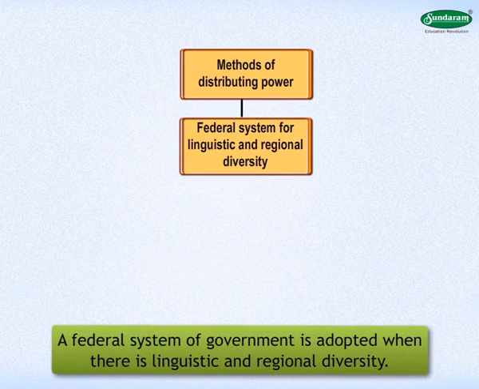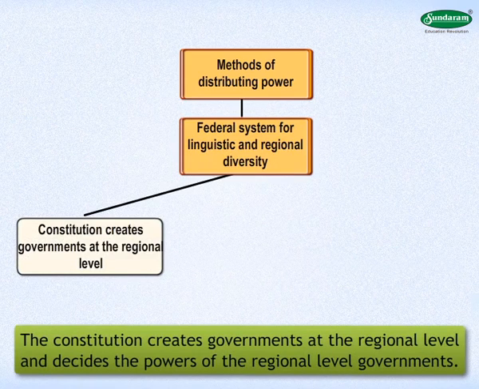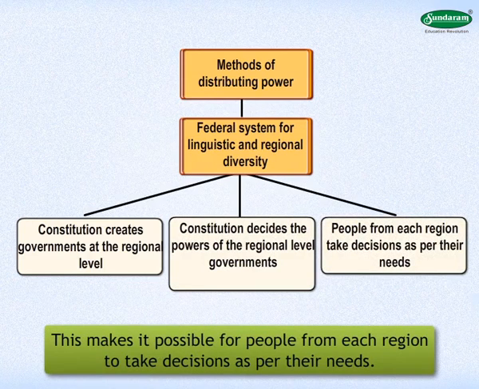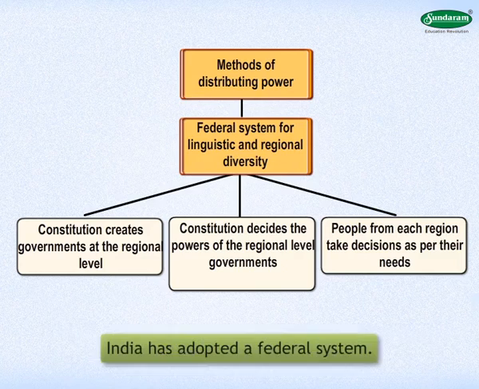A federal system of government is adopted when there is linguistic and regional diversity. The Constitution creates governments at the regional level and decides the powers of the regional level governments. This makes it possible for people from each region to take decisions as per their needs. India has adopted a federal system.